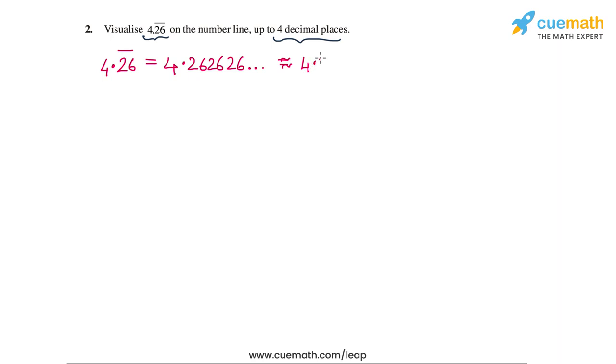This means that 4.26 bar will lie between 4.2626 and 4.2627. Now that we have figured it out, let's locate this interval from 4.2626 to 4.2627 on the number line.